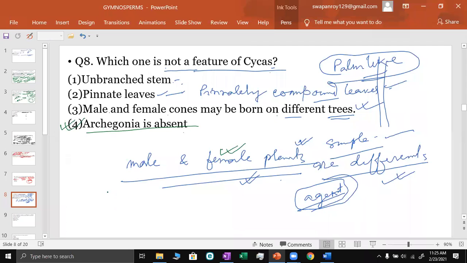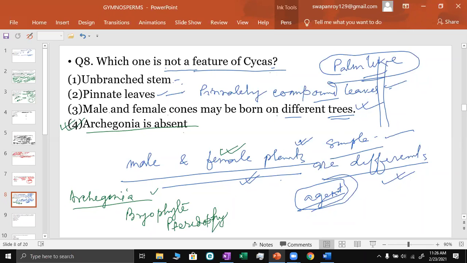Archegonia is the female sex organ of Bryophyte, Pteridophyte, and Gymnosperm. So this one is not the correct option.